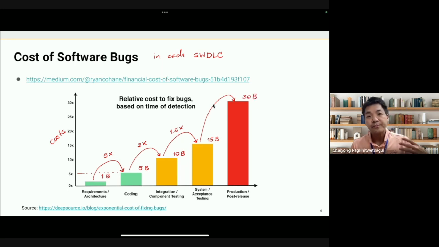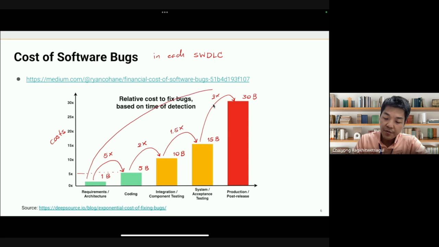Think about getting the software fixed, and then you need to release a new version of the software, and the user already found a problem. You might have some cost for the reputation of the product and the company, and so on. In this case, it is twice the cost of the system test, and 30 times higher than finding the bugs earlier in the requirements phase.